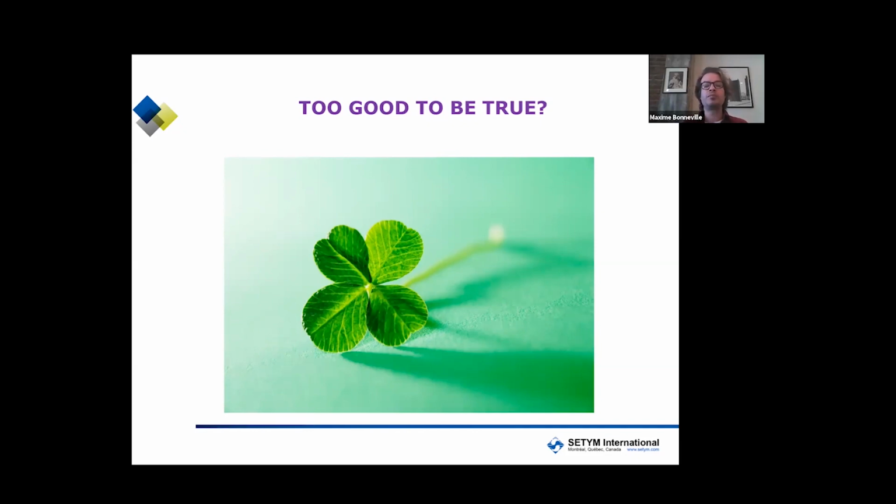Very often, if it sounds like too good a deal, it is. So this is why I'll show you a process where you don't automatically reject bids because they might be a four-leaf clover, but you investigate and see if it is merely an excellent deal or if there's a problem somewhere. So this is why the four-leaf clover was here.